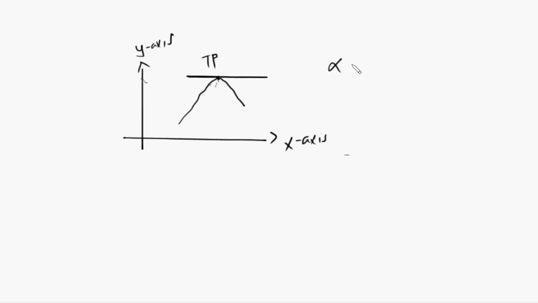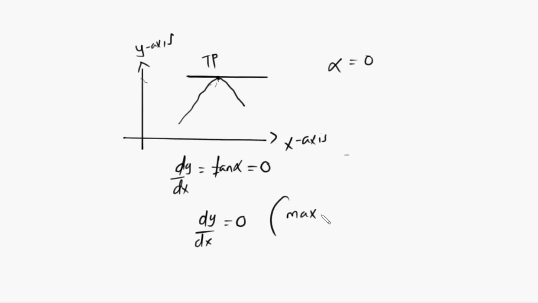So I mean the angle it forms to the axis is 0. So now our dy/dx at the turning point is just going to be equal to 0. So at the turning point, dy/dx is 0. So when dy/dx is 0, it means we have now either the maximum value or the minimum value.